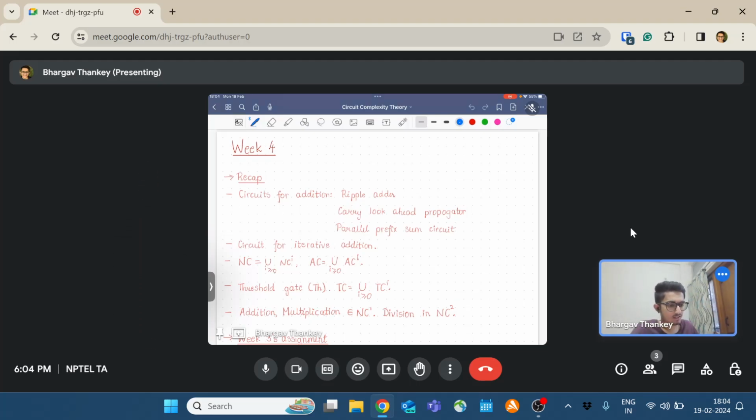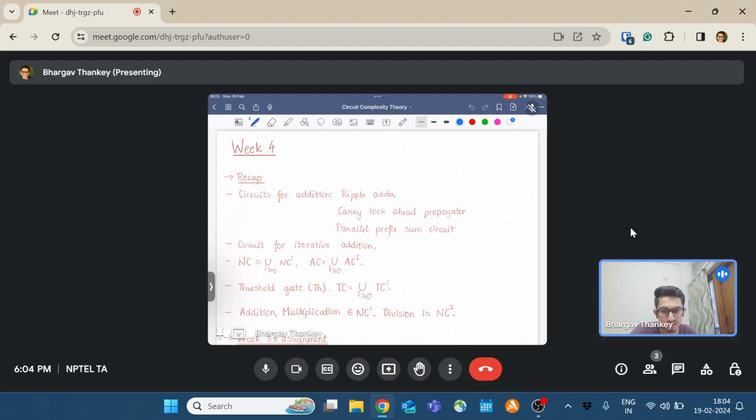Okay, so let's start by quickly recalling what we did this week. This week we saw Boolean circuits for basic arithmetic operations like addition, multiplication, division, and so on. In particular, for addition, we saw three circuits, each one more efficient than the previous one. The first one was the naive circuit, which was a ripple adder.